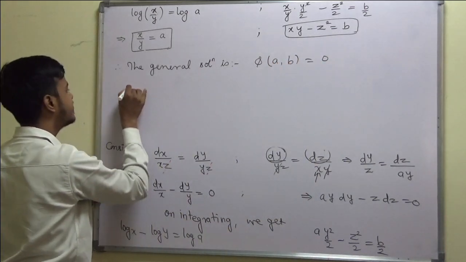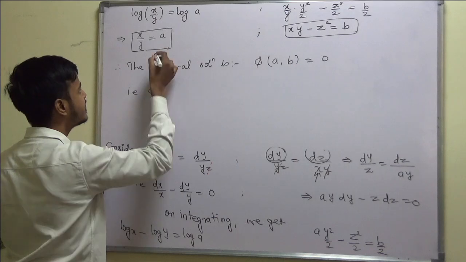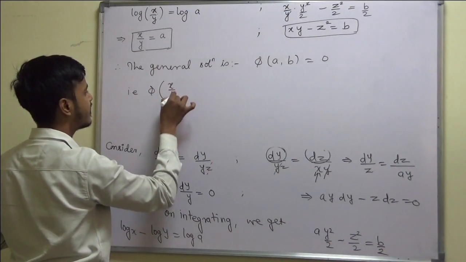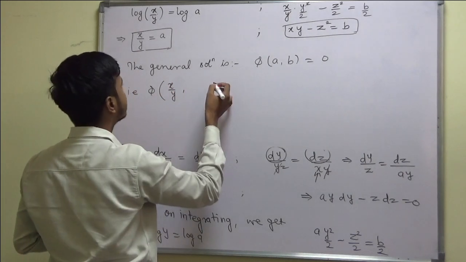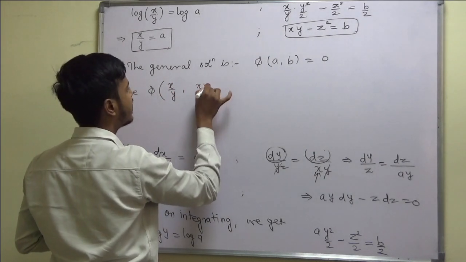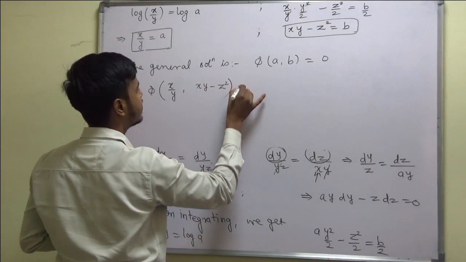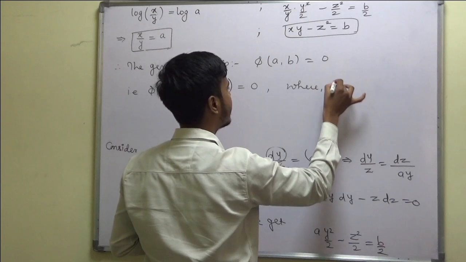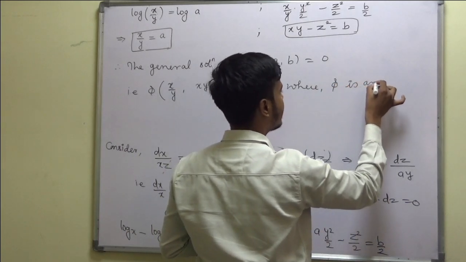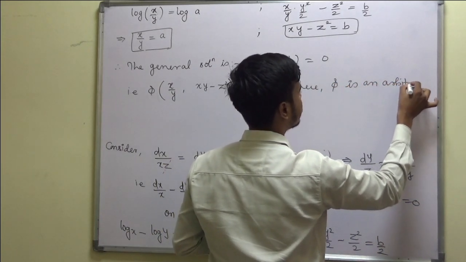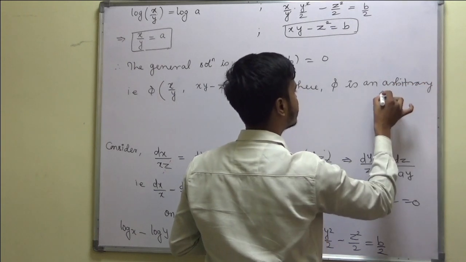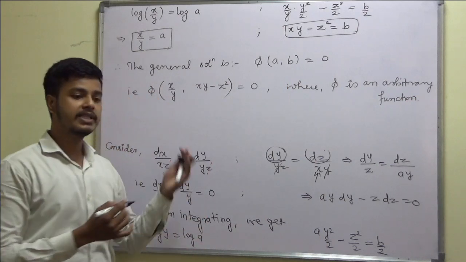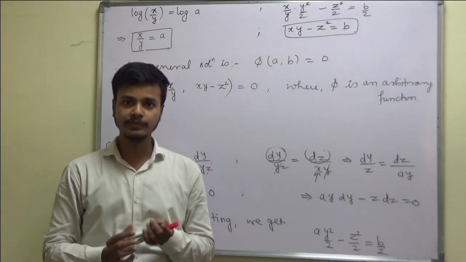That is phi of, what is a? a is x by y. And what is b? b is xy minus z square, is equal to 0. Where phi is an arbitrary function. So this completes the solution of the problem.